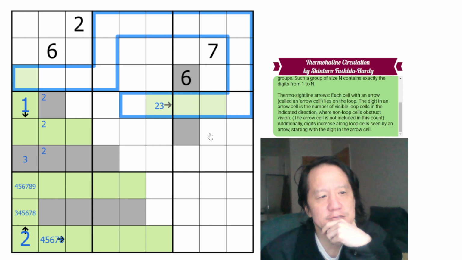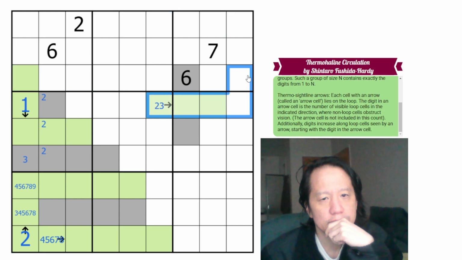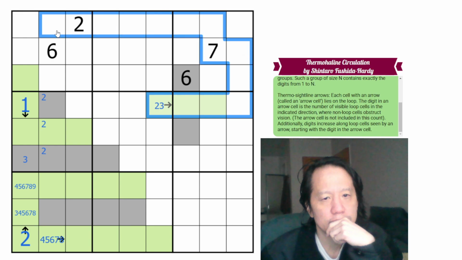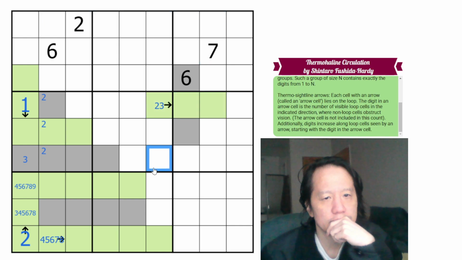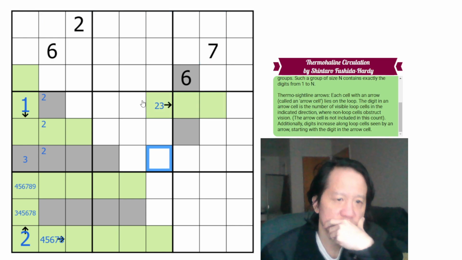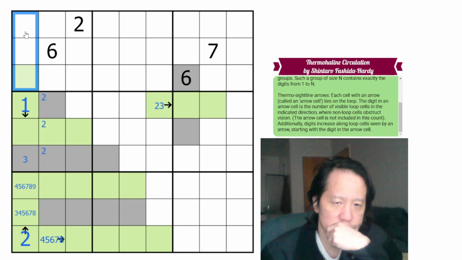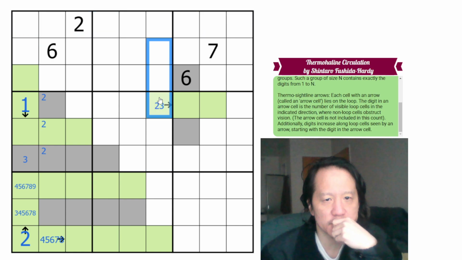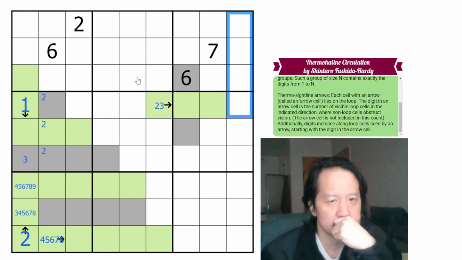Okay, but that doesn't work very well, right? How does this connect, essentially? It must connect either to this end or to this end, right? Or to this end, right?